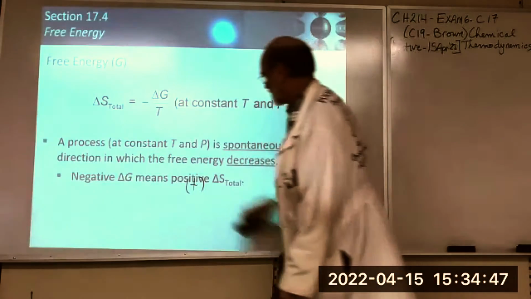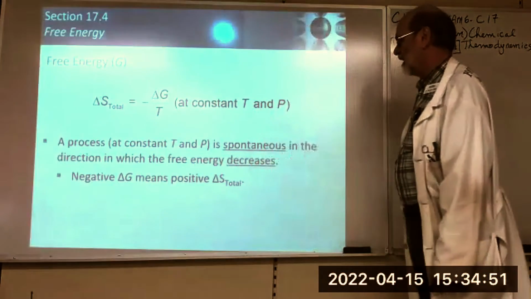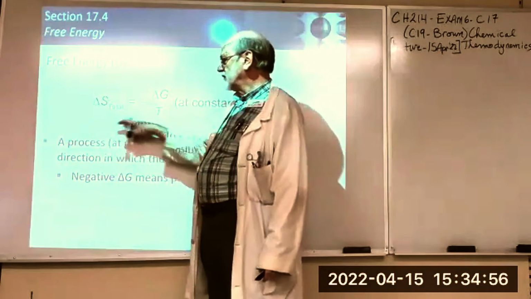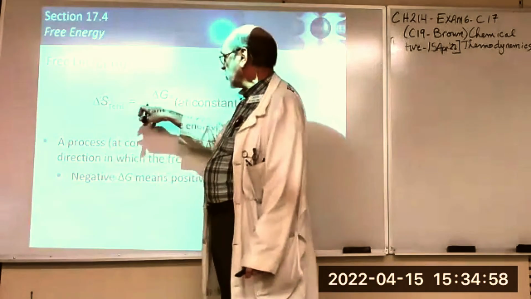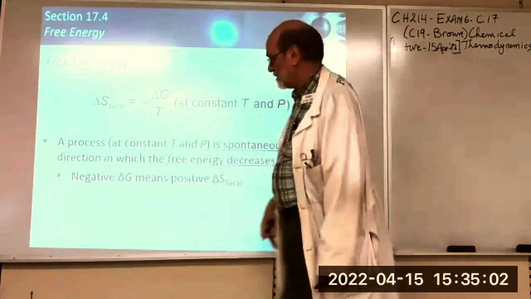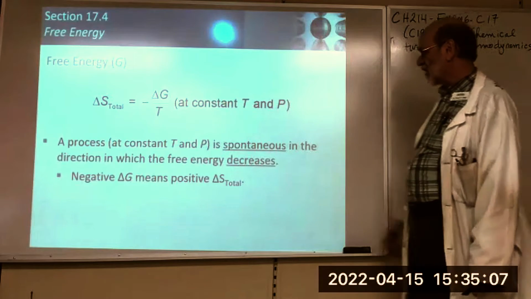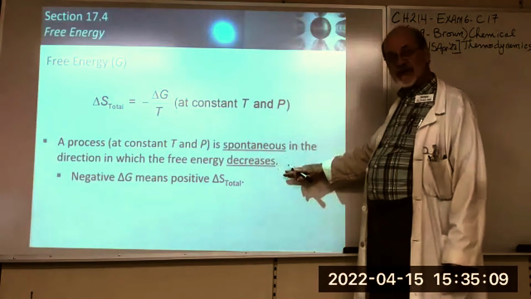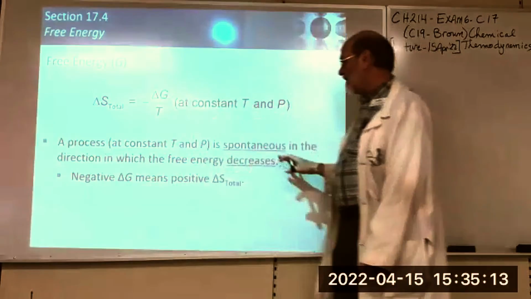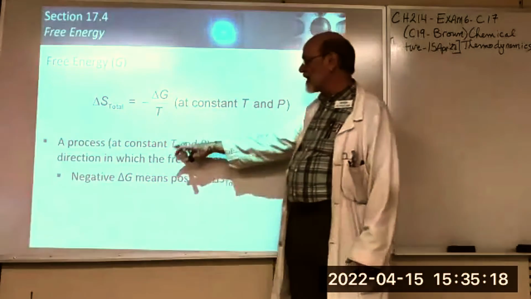Okay, this out of the way. So there it is again. The total entropy is equal to the negative free energy change divided by T. As long as the free energy is decreasing, as in the change in free energy is negative, then the reaction will be spontaneous at constant temperature and pressure.